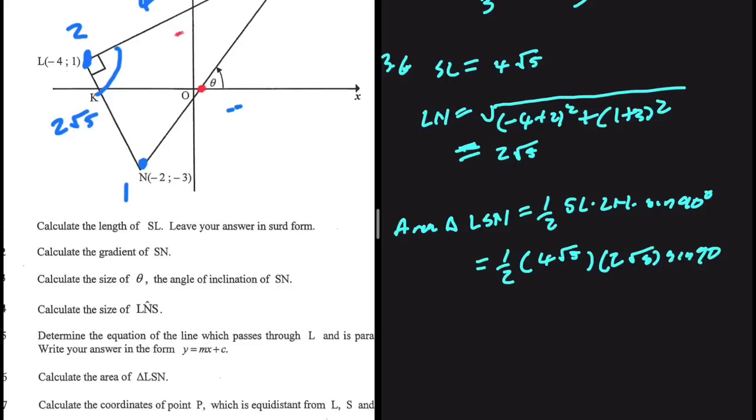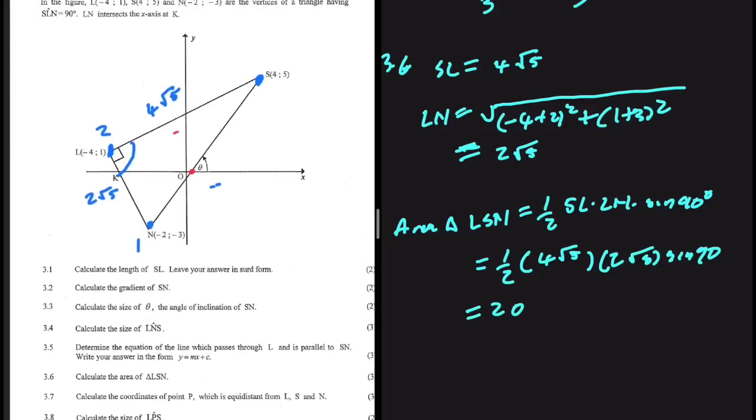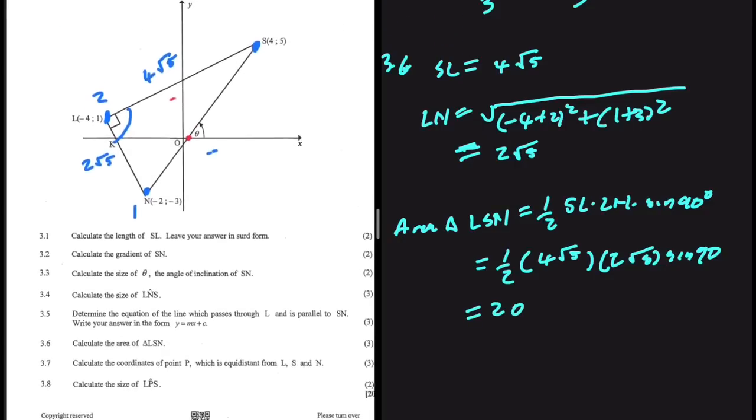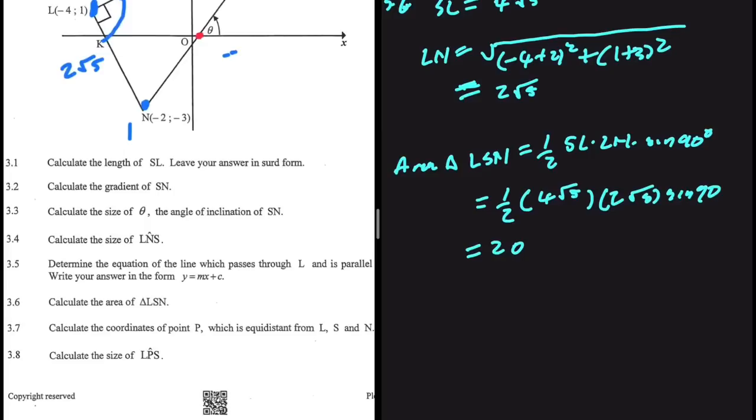So I just need to put that in my calculator. Half multiplied by 4 square root of 5 multiplied by 2 square root of 5 multiplied by sine of 90. I know sine of 90 is 1, so let me just leave that. I'm getting 20. Do we have a unit? I don't think we're given any units, so I'm just going to say 20 units squared.